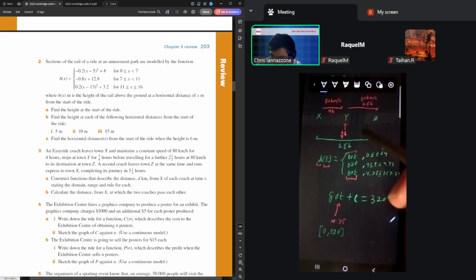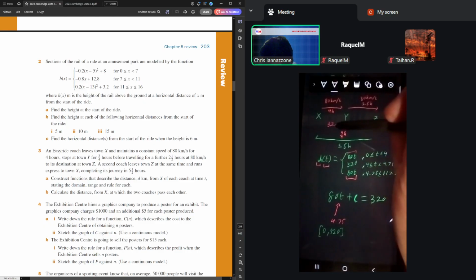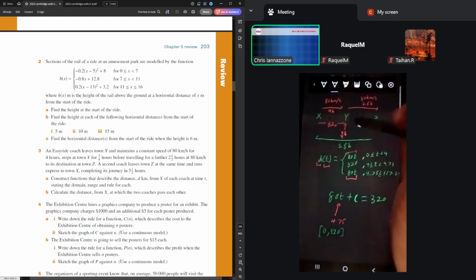So furthermore, we could even split that up. From x to y, for instance, that's just going to be the connecting point from this part. So sub in t equals 4, we can say that 320 would be from x to y. From y to z, you have to do a little bit different.